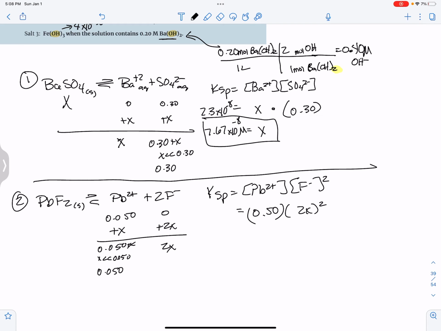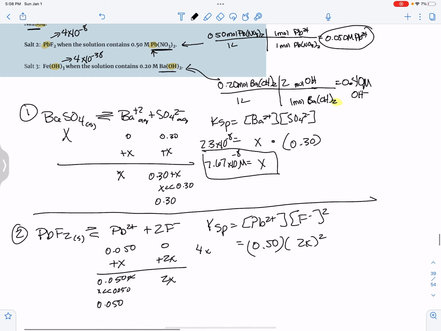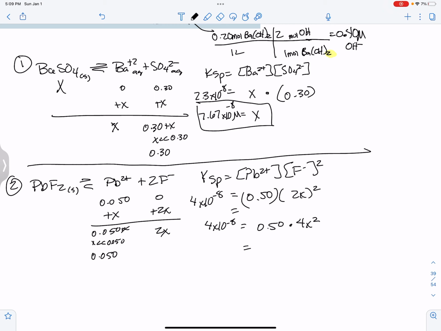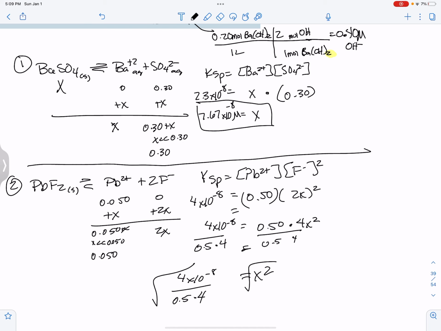0.050 times 2x squared, and I looked this one up, and this one is 4 times 10 to the minus 8th. And so I'm going to say 4 times 10 to the minus 8th equals 0.050 times 4x squared. So I need to divide both sides by 0.05 and 4. That way I'll get x squared is equal to 4 times 10 to the minus 8th over 0.05 times 4. And then I'll just take the square root of both sides and I'll have the answer.